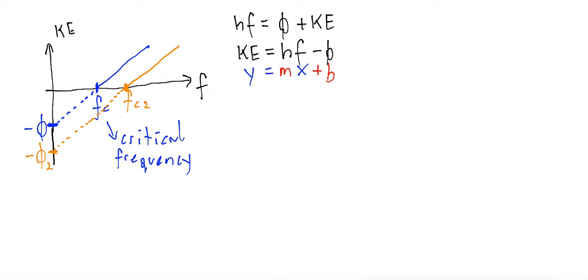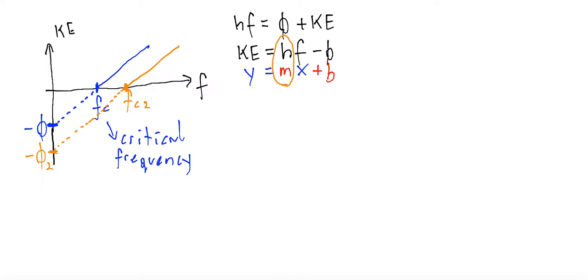Of course, the lines must be parallel, because again, what is represented by the gradient? Gradient is Planck's constant, which is a constant which must be the same. So remember, if another surface is illuminated, another surface means another amount of energy needed to remove electrons. So we have a graph which is parallel to the original, which crosses the y-axis in a different place, because there is another work function.